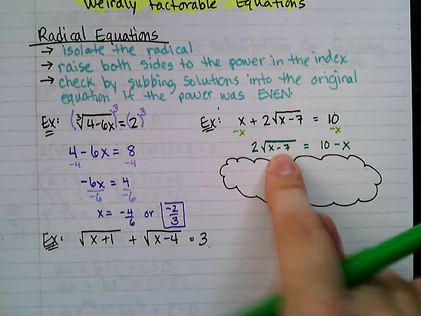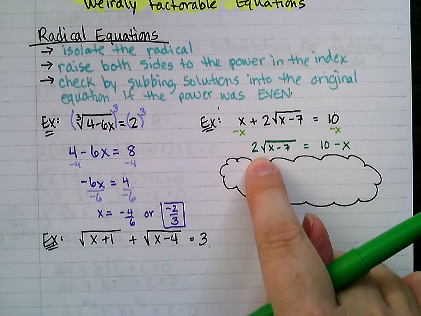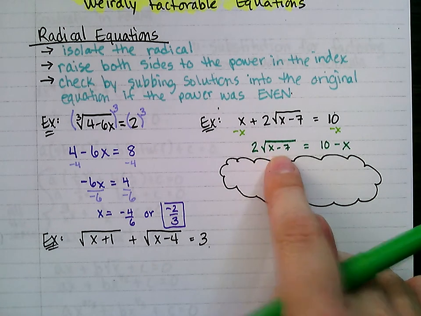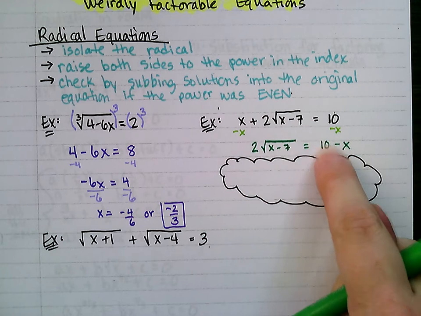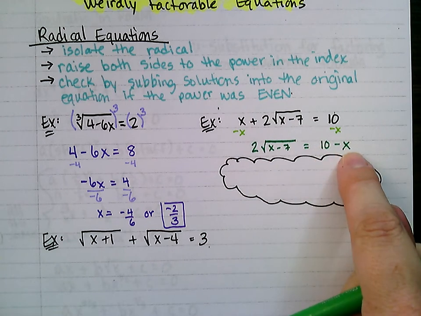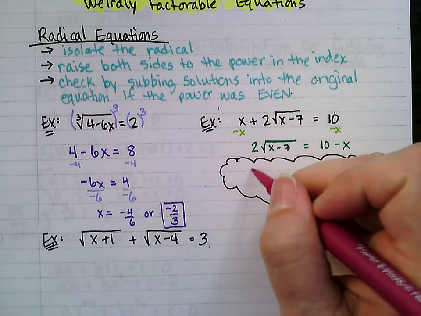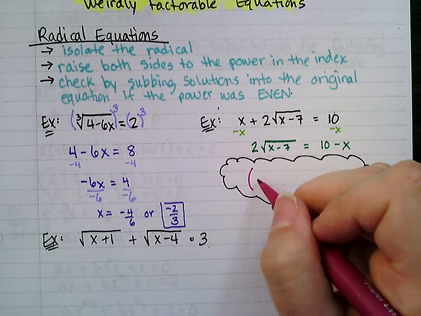Now, my radical's not isolated, but if I divide this side by 2 to get my radical by itself, the 10 is fine, I would get 5, but then I would have x over 2, which is a fraction, and we usually would rather not deal with fractions if we can help it. So I will just show you this little easier way to deal with it.